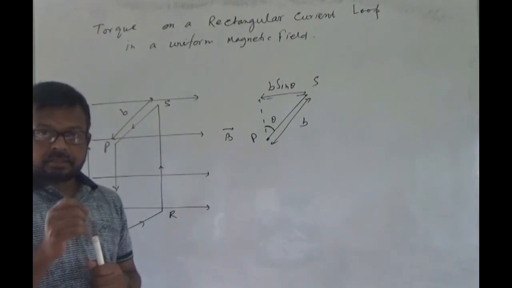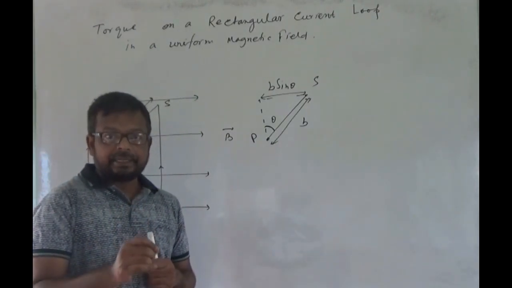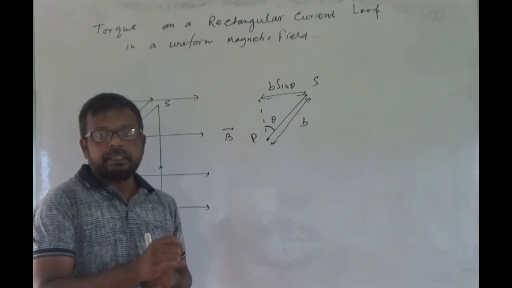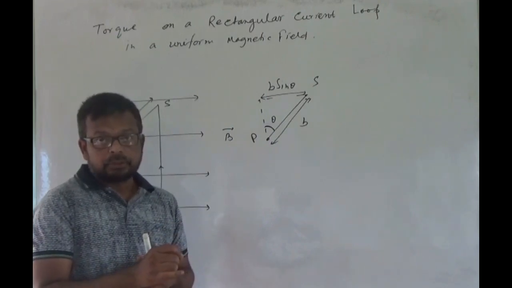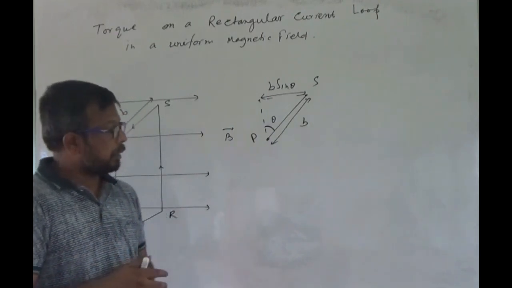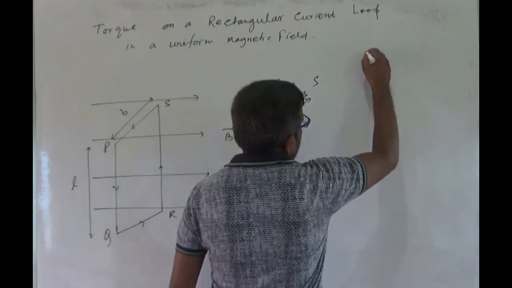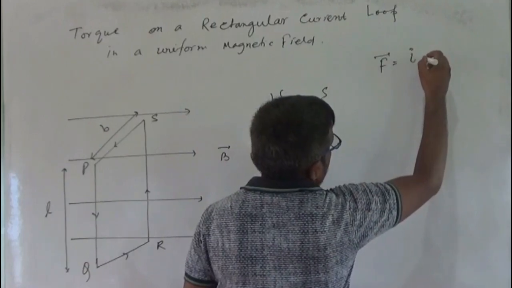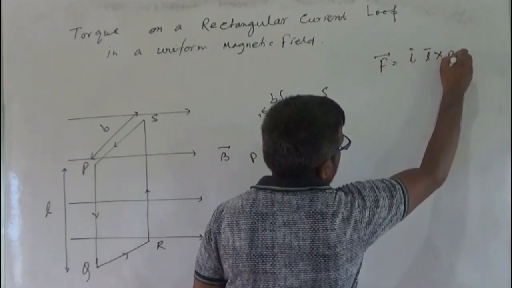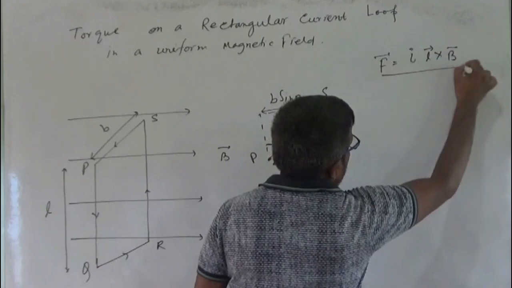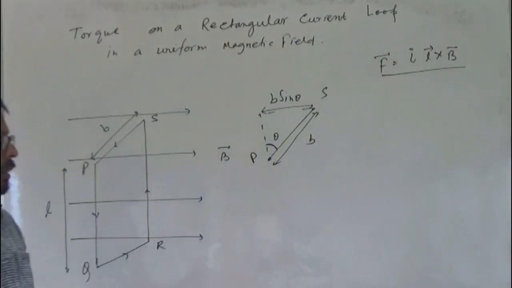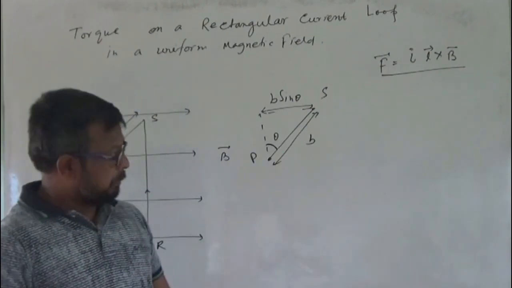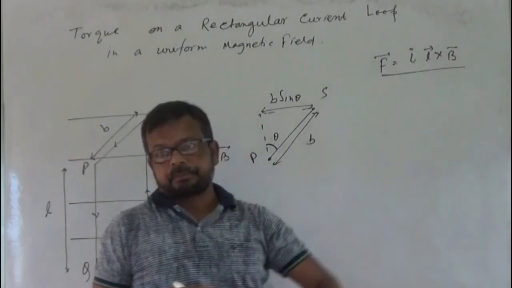A straight conductor of length L carrying current I, if placed in a uniform magnetic field B, will experience a force. We wrote that as F equals I L cross B, and from here you get I L B sin theta.